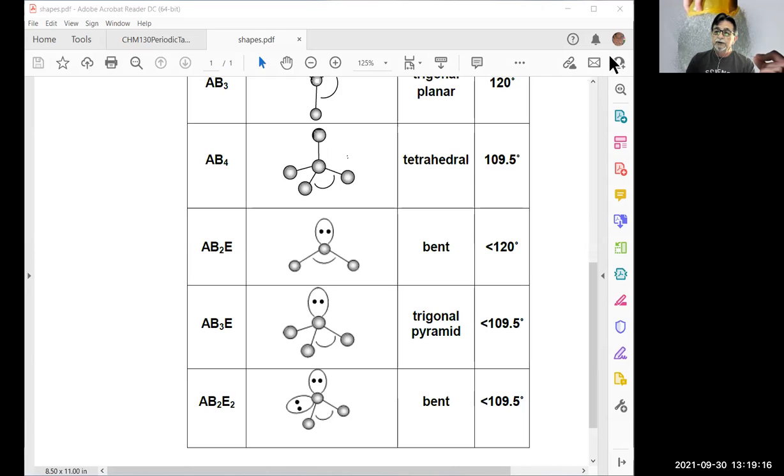There it is. We look for the general formula, AB2E2. And guess what that tells us? Here is the 3-dimensional model for the molecule of water. You got the central atom, which is oxygen, and then the 2 hydrogens.